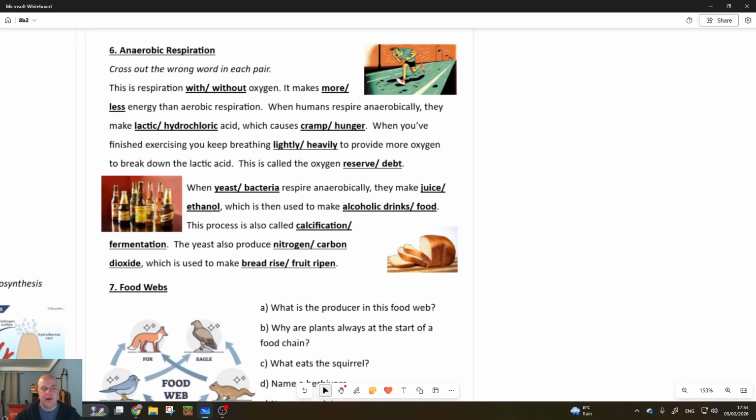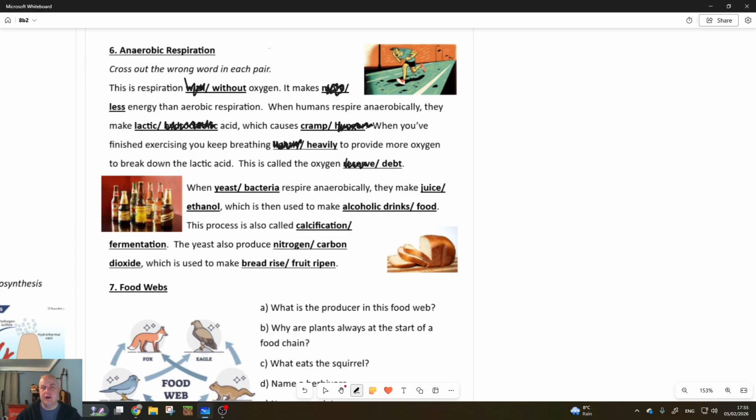Now we're going to talk about anaerobic respiration. Now, anaerobic respiration is when there is no oxygen, so it's without oxygen. It makes less energy than aerobic respiration. When humans respire anaerobically, they make lactic acid. This gives you your cramps. When you're finished exercising, you keep breathing heavily to provide more oxygen to break down the lactic acid.